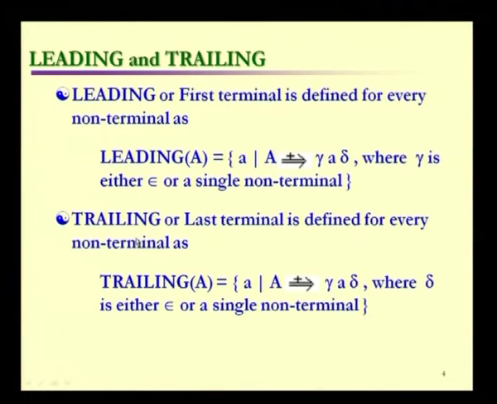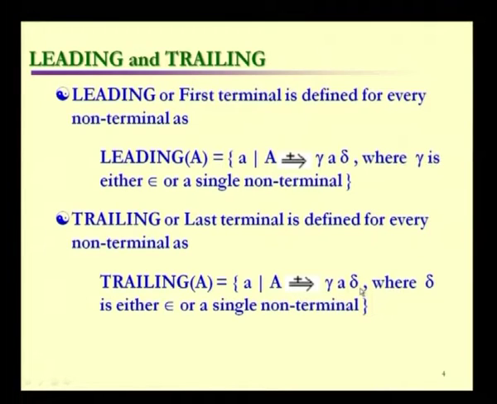Then the trailing set is going to be the last terminal of the derivations. Here, the same story once again: we have the set of all terminals a such that A derives, in one or more steps, gamma a delta.